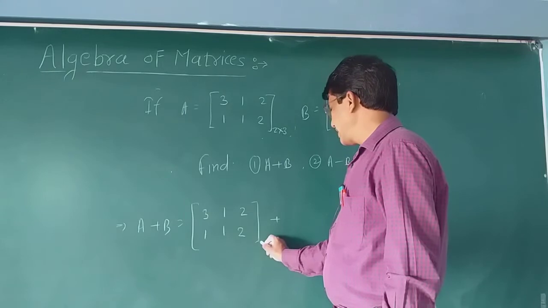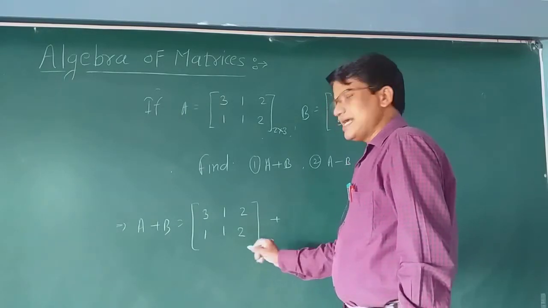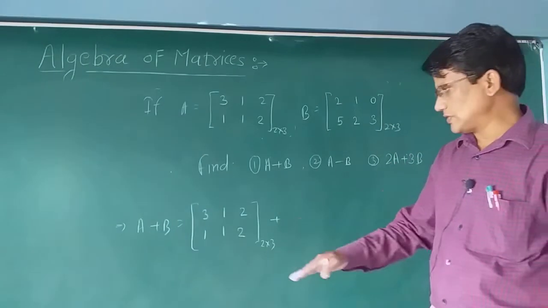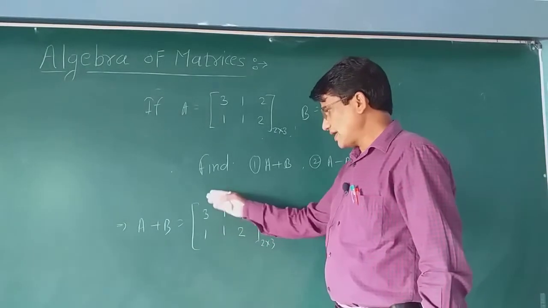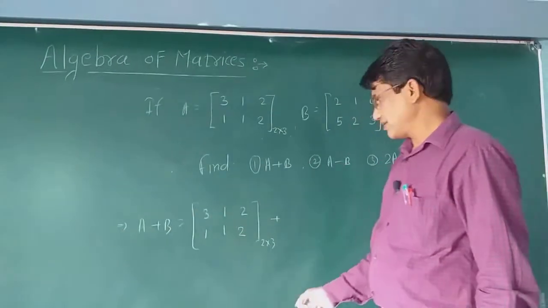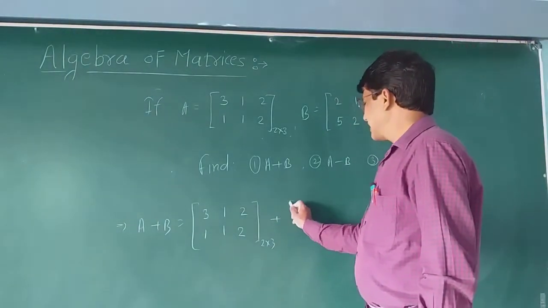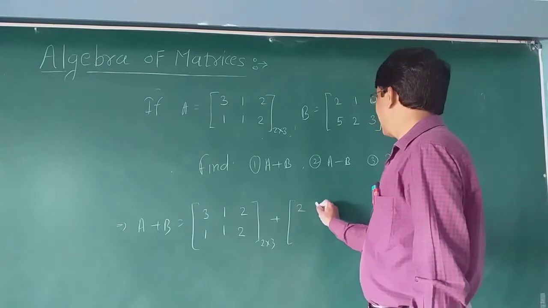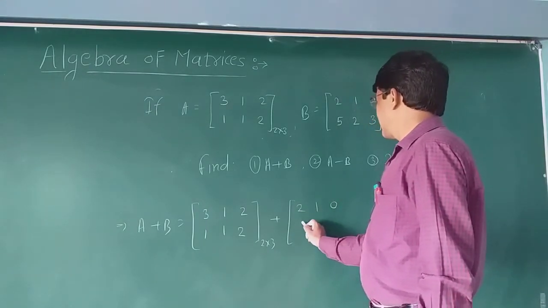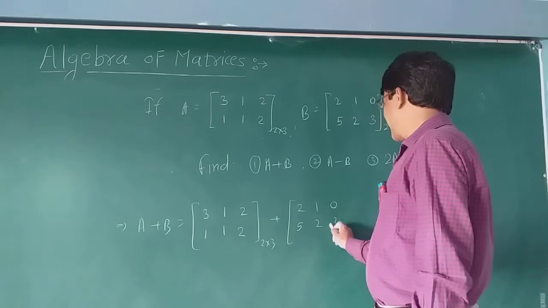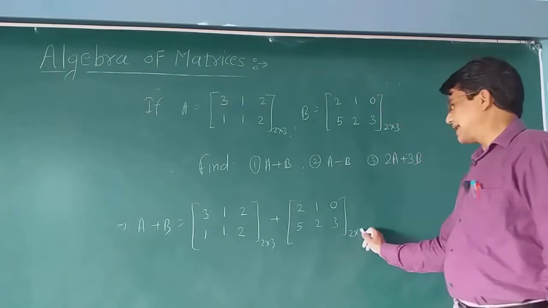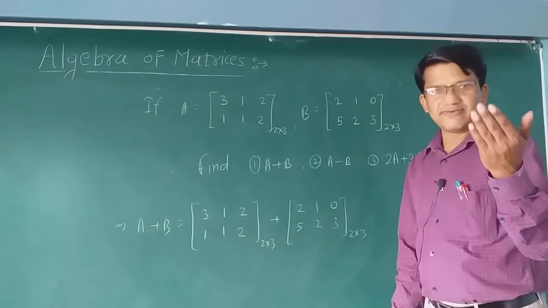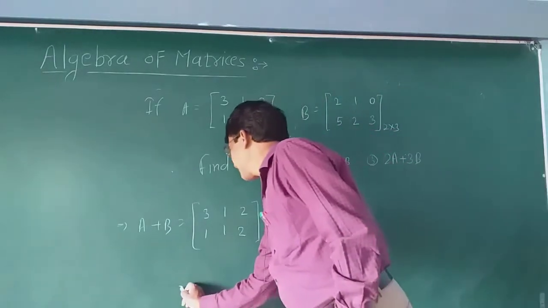Order 2 by 3, 2 rows and columns are 3. Plus, after that 2, 1, 0, 5, 2, 3, order again 2 by 3, and we are going to find our addition.